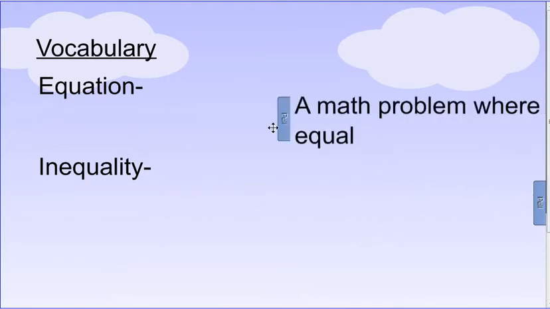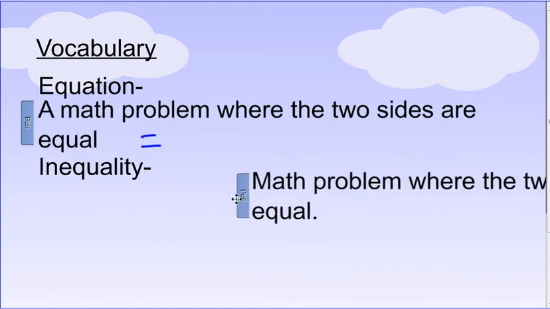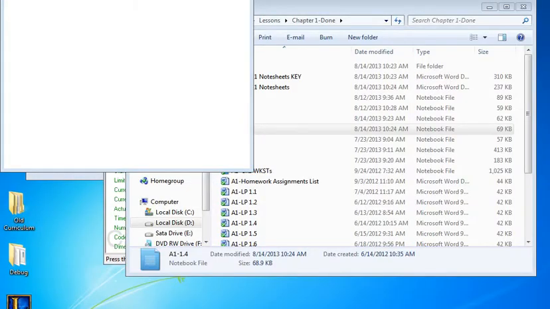Okay, our vocabulary. An equation is a math problem where the two sides are equal. An inequality is a math problem where the two sides are not equal.